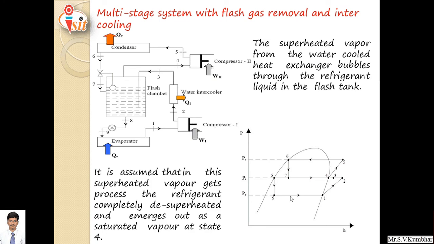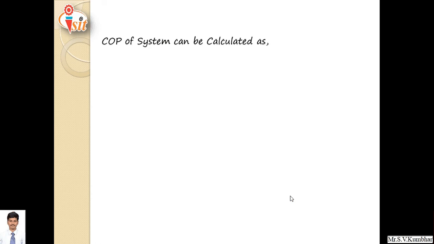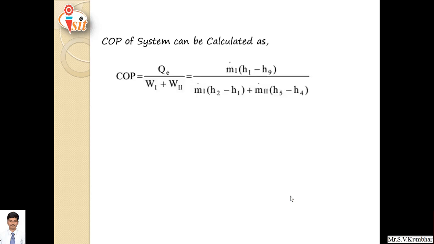So it is assumed that the superheated vapor is completely desuperheated and emerges as saturated vapor at state 4. Now the coefficient of performance of the system can be calculated as COP is equal to QE upon W1 plus W2.